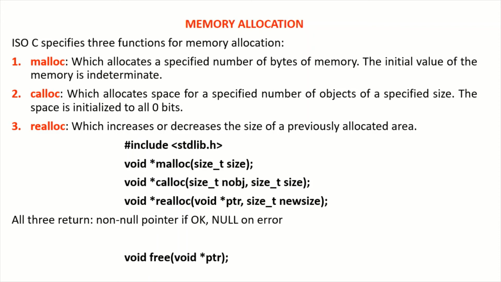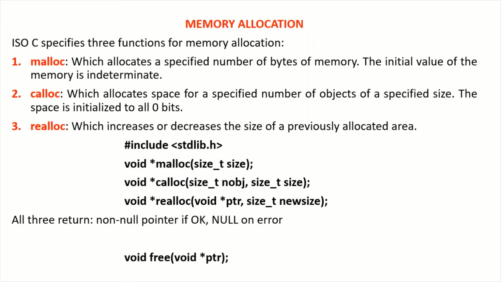The pointer returned by the three allocation functions is guaranteed to be suitably aligned so that it can be used for any data object, because the three allocation functions return a generic void star pointer. If we include the standard library header file, we obtain the function prototypes. We do not explicitly have to cast the pointer returned by these functions.